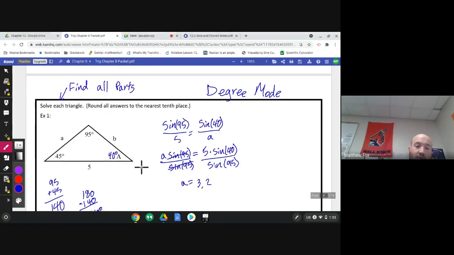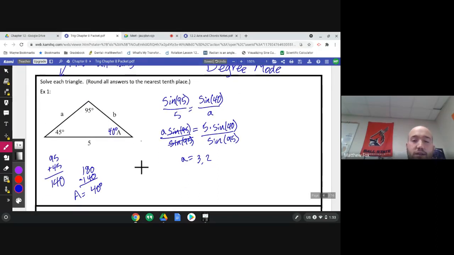So now we want to find what side B is. All we have to do is the same approach. We still know that the sine of 95 divided by 5 will be equal to this, except instead it'll be over B, and the sine across from B instead of 40 is 45. So we'll do the same exact thing.